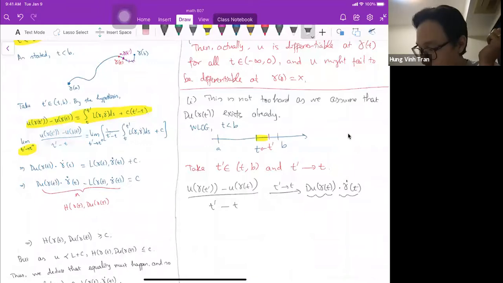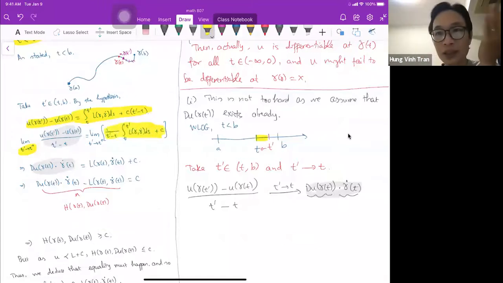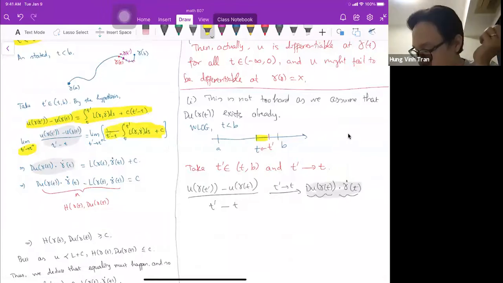This fraction is going to go to what I'm writing down here. On the right-hand side, we are just dividing by t prime minus t, and we use the mean value theorem, or you can just use epsilon-delta.